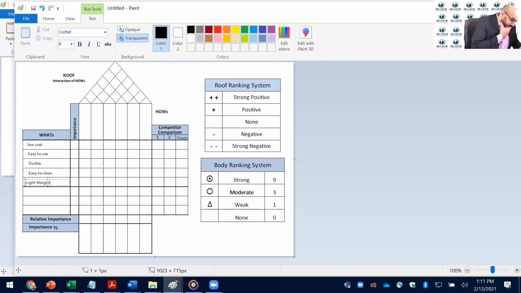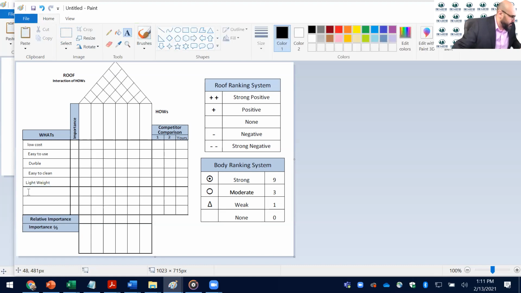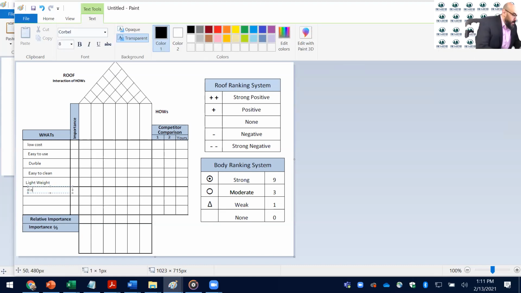And what else? I have low cost, easy to use, durable, easy to clean. I need the design. I need a nice looking microwave. I need my microwave to have a nice design.